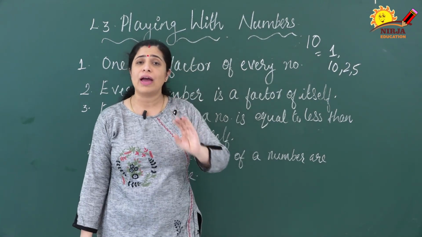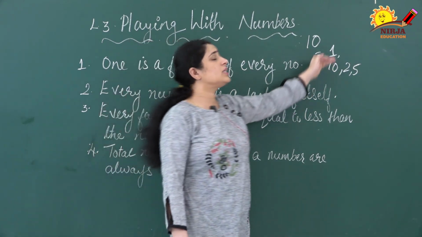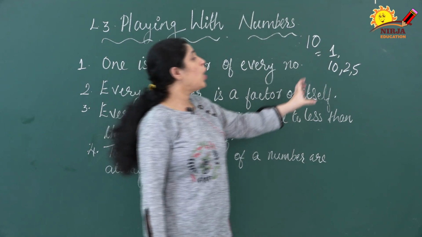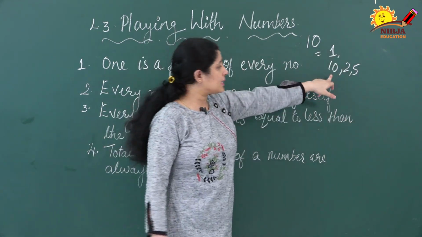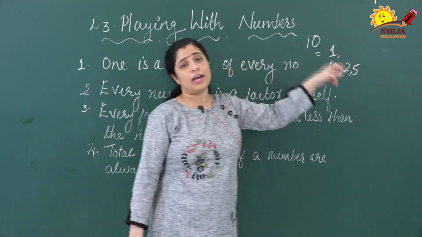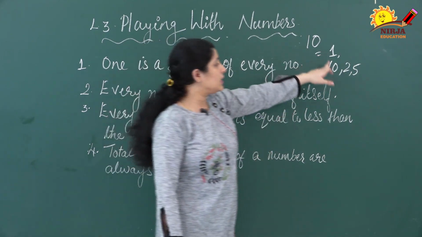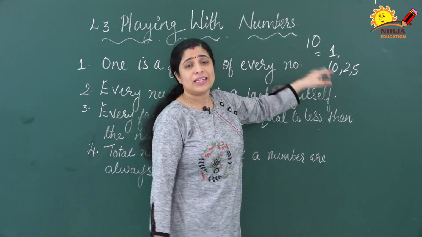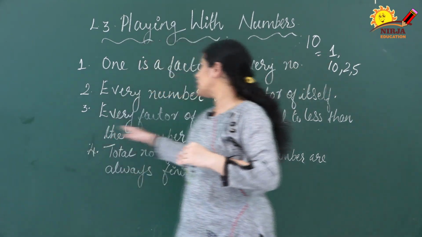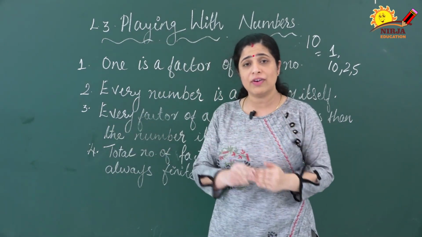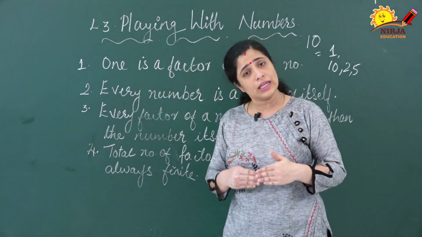These 4 are the factors of 10. Except 10, the numbers 1, 2 and 5 are less than 10, and 10 is equal to 10. That is the third point. All the factors will be equal to or less than the given number.